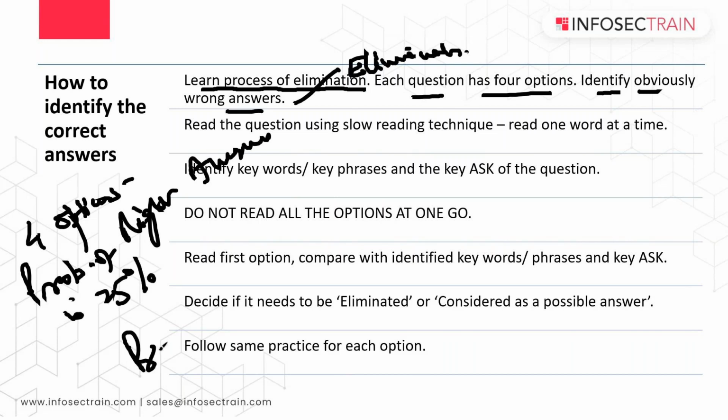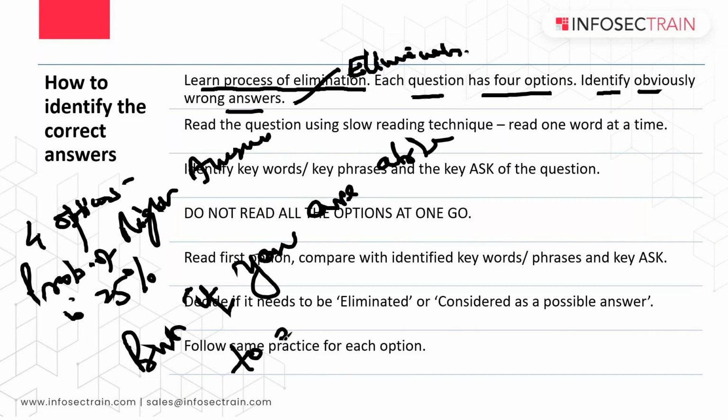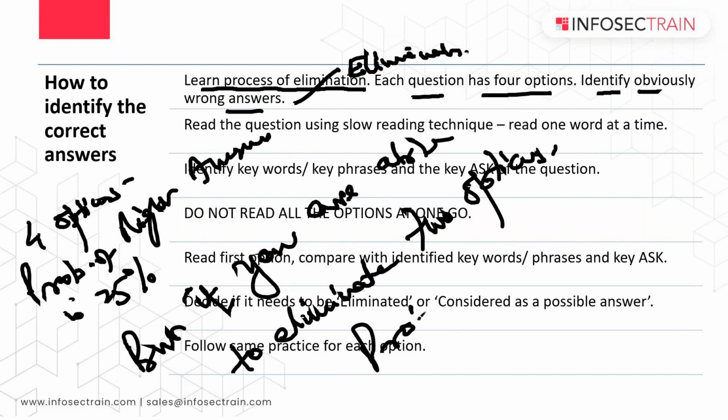But if you are able to eliminate 2 options, then the probability would be 50%. That is why we strongly promote this process of elimination. You increase your probability of getting the right answer.